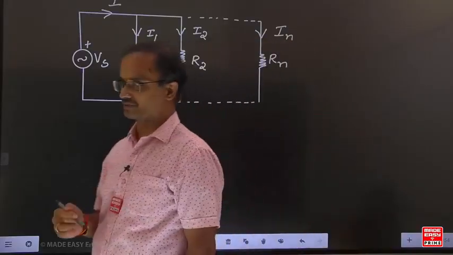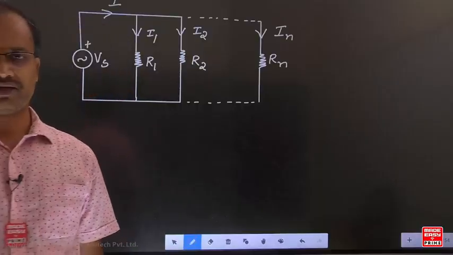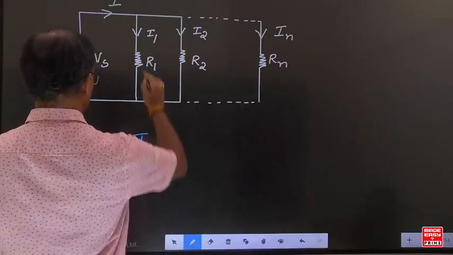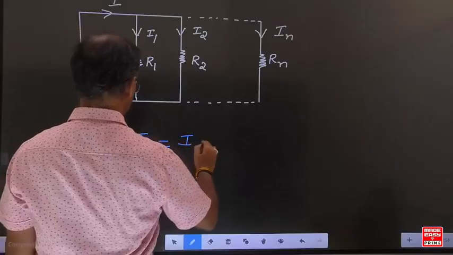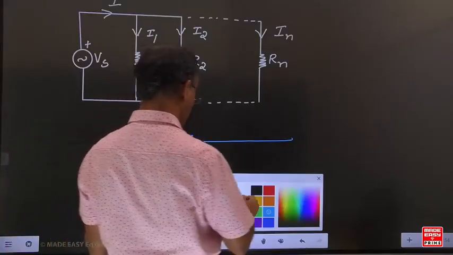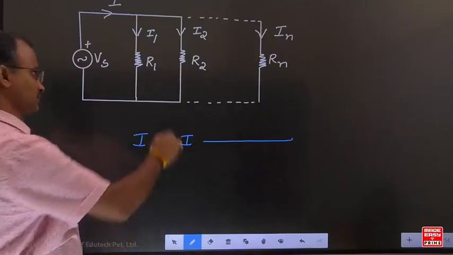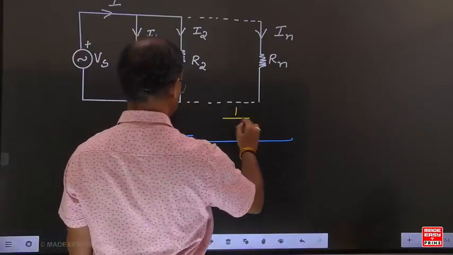If it is n number of branches, I1 equals the total current I times the reciprocal of the similar resistance. What is the similar resistance? R1.